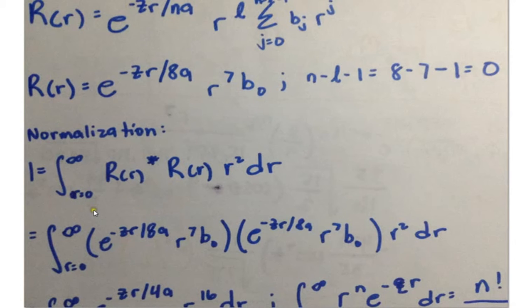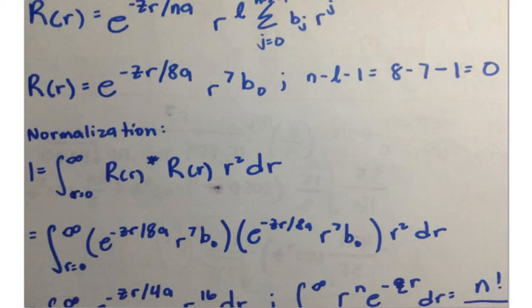And take note, our r here is from 0 to infinity. Substituting the equation, we will get e raised to negative Zr over 8a r7 b0 multiplied by itself, of course, times r squared dr.